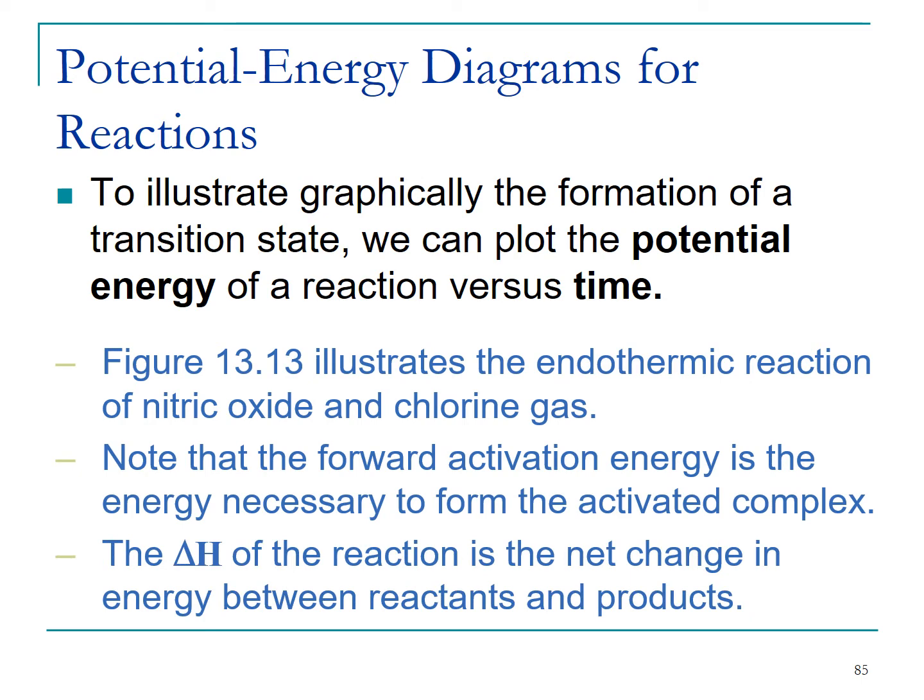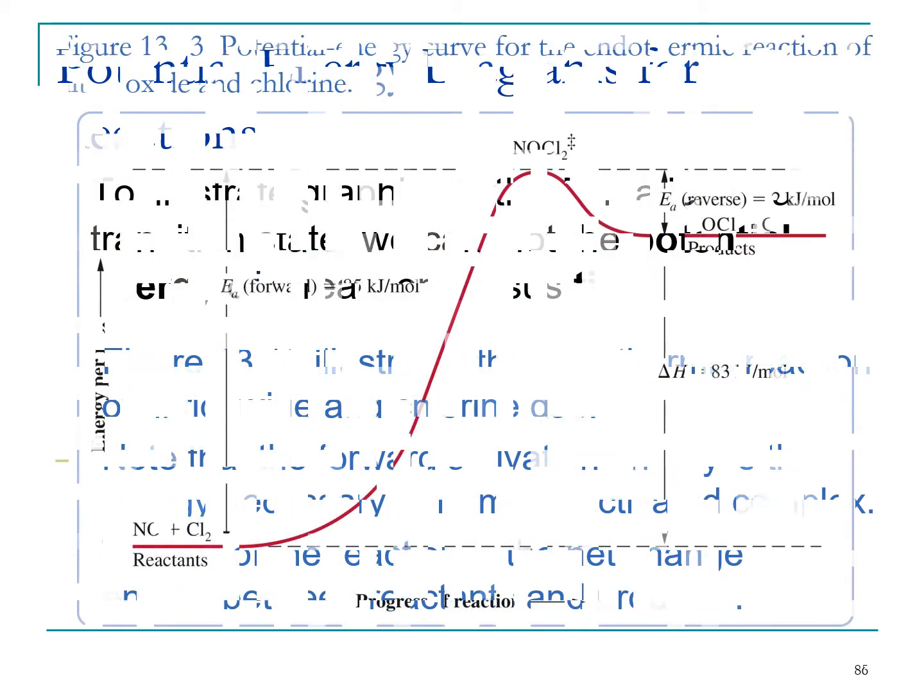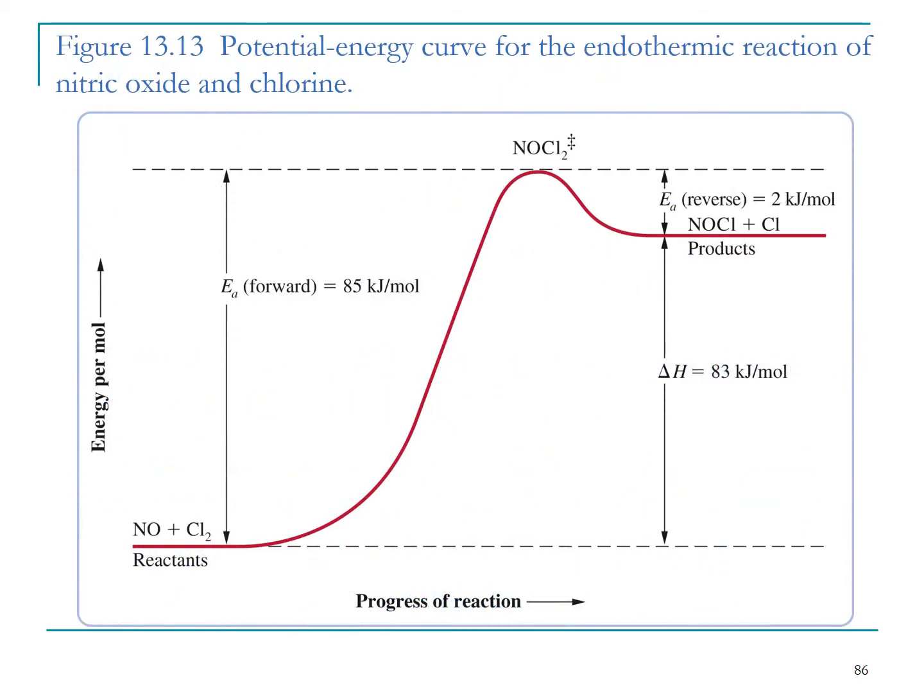And the delta H of the reaction, the heat of the reaction, is just the change from reactants to products. So let's look at the graph. Okay, so here you can see progress of the reaction, or time, on the x-axis, energy on the y-axis. And so we have the energy of the reactants is just a certain particular amount of energy. We have the energy of the products up on the top right.